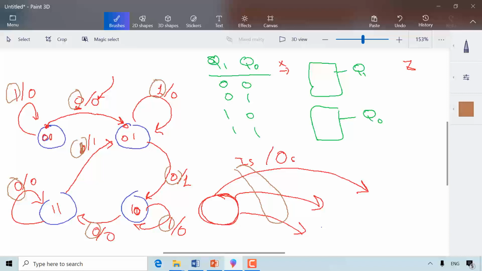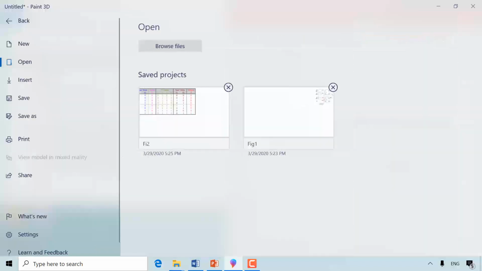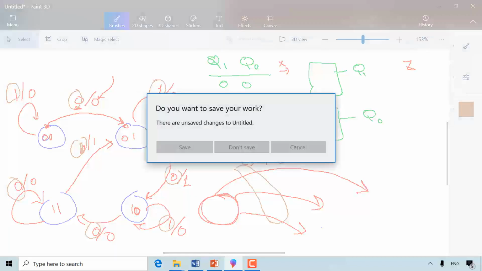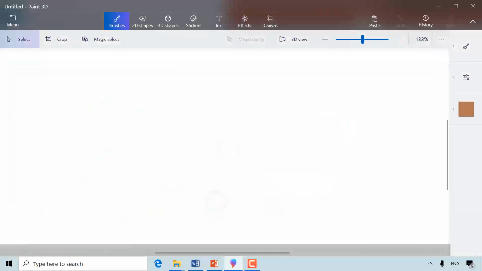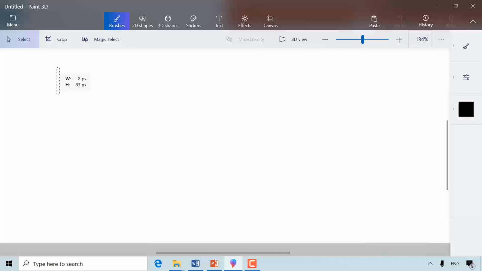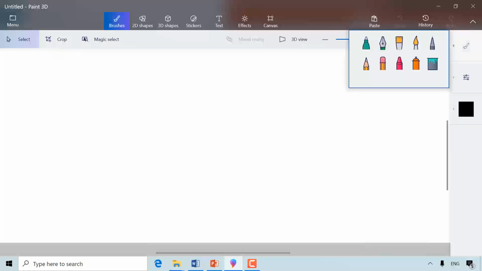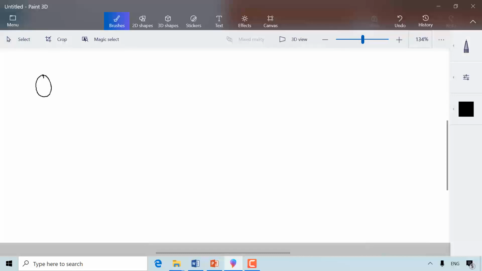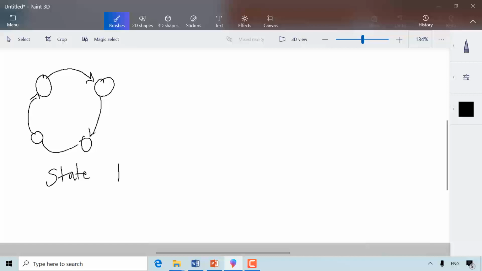Now, this is the state diagram. If I have a state diagram, let's say for example one that goes like so, that does this and this, and then this and this and this. This is called a state diagram.